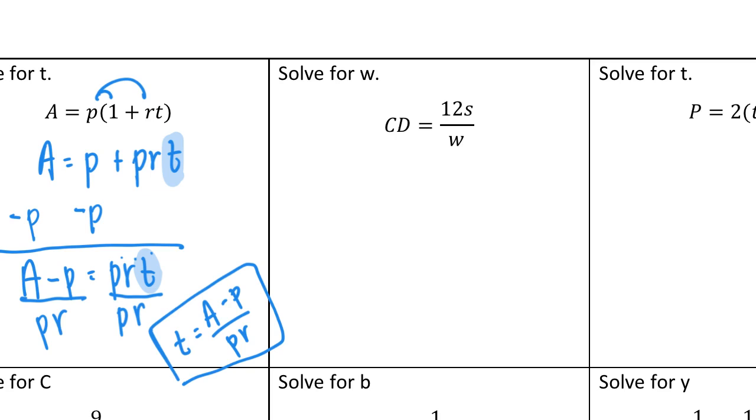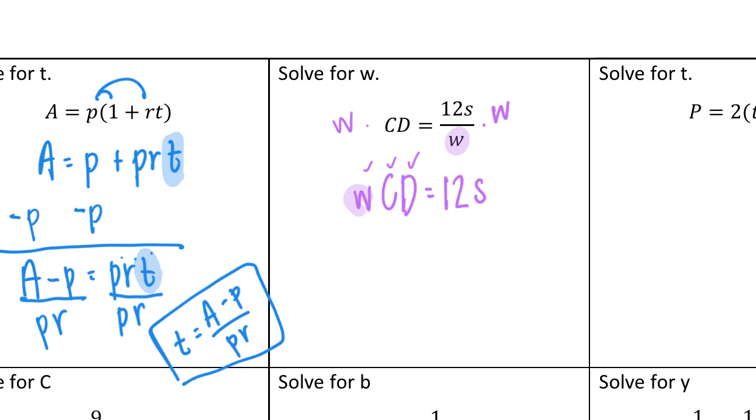In this one, you'll notice that the variable that we're trying to solve for is in our denominator. We're going to need to get it out of the denominator in order to solve for it. To get things out of the denominator, they're being divided, so use your inverse operation of multiplication. So we get WCD equals 12S. Now, think to yourself, what operation is separating the W, the C, and the D?